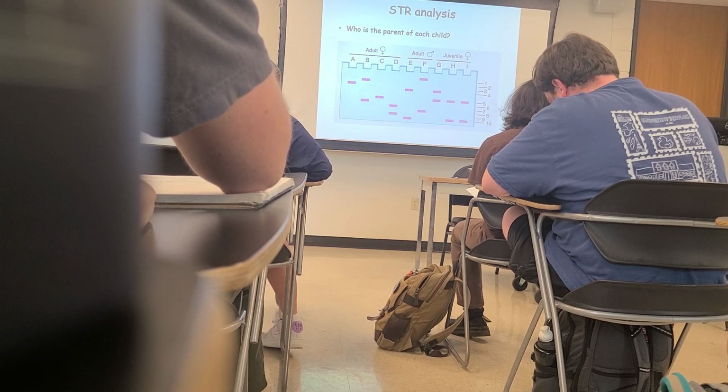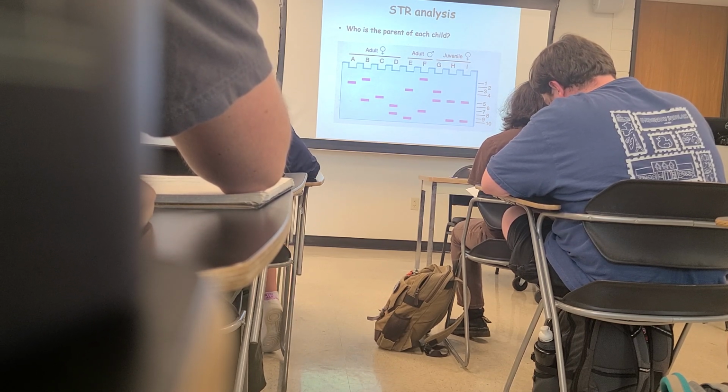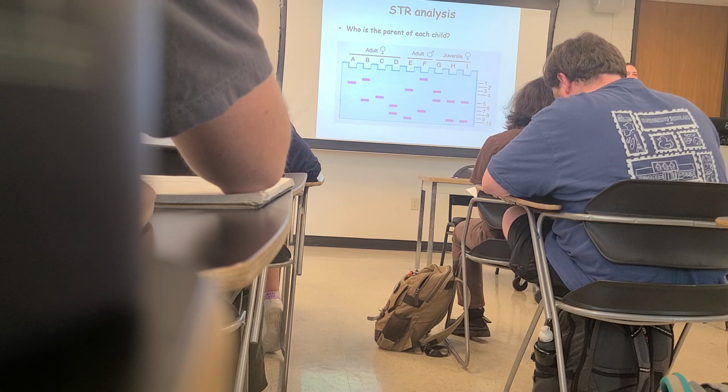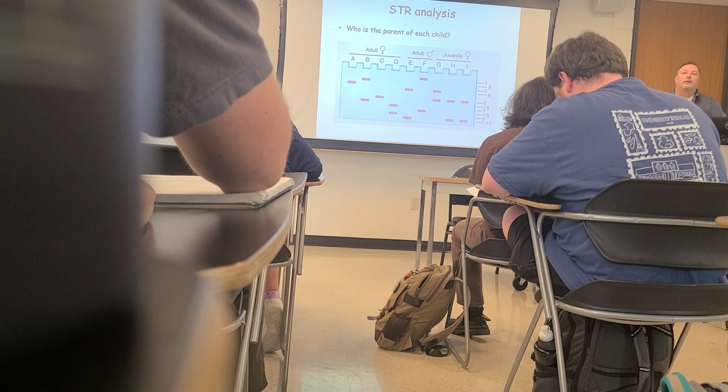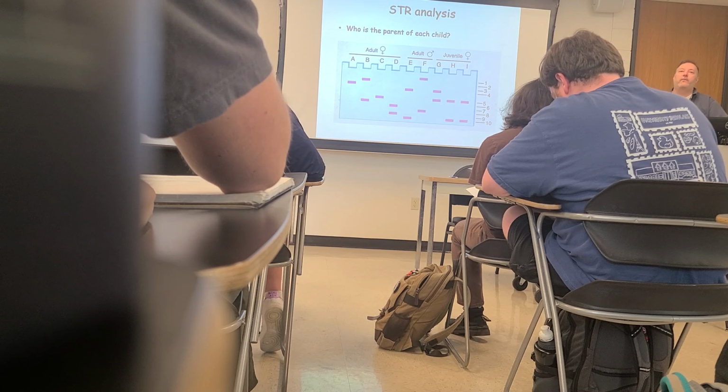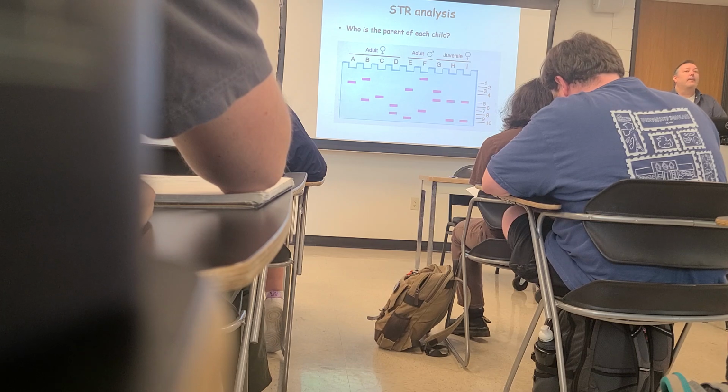Go ahead and take a second. Do it at home at your bench. And we'll see if we get the same answer or if we get all the different answers. I'm trying to compare. So look at the child and think which adult has that same piece of DNA. And you match up one mom, one dad with each child.